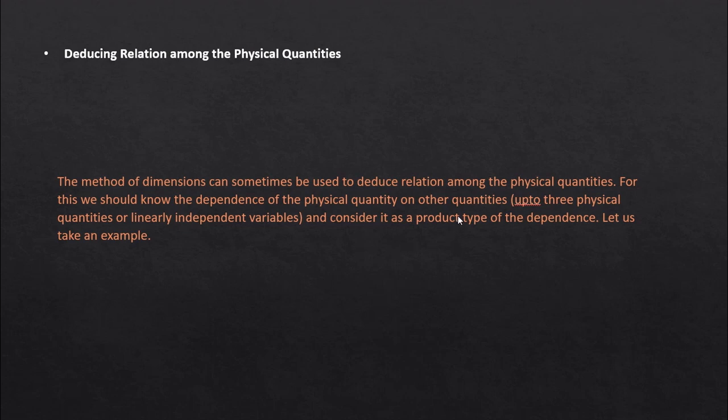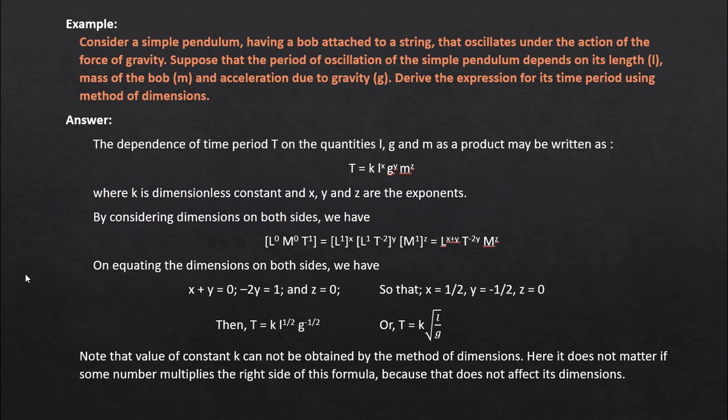You should know, even if you don't know the exact relation, what physical quantities it depends on. Also, it should be of the product type. So let's see this by the example directly. Consider a simple pendulum.